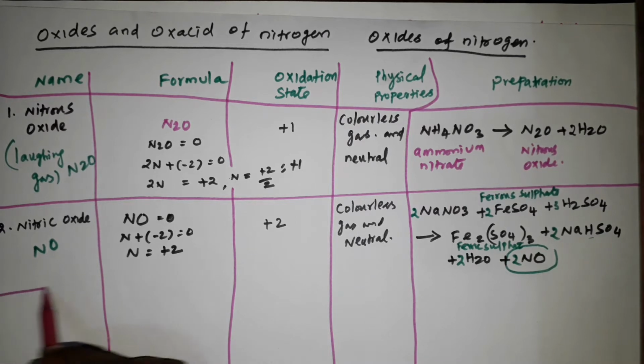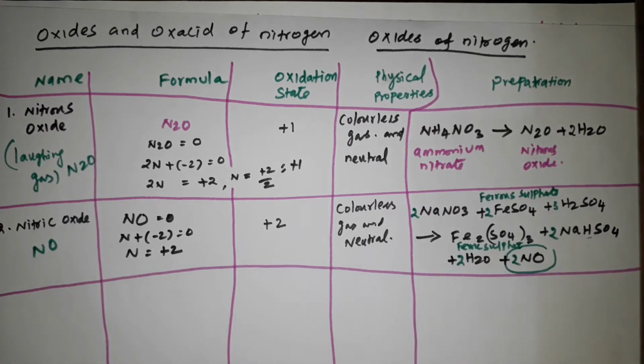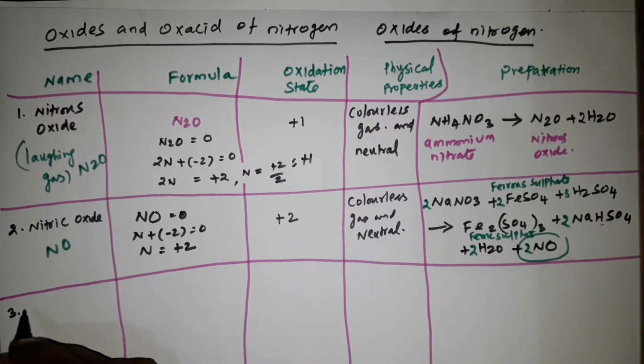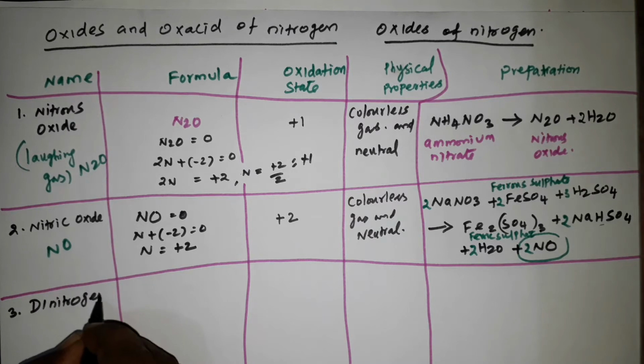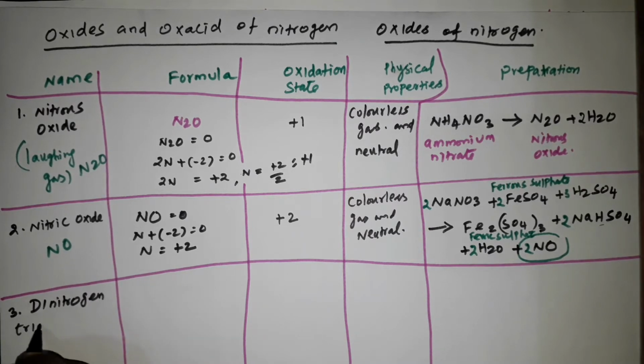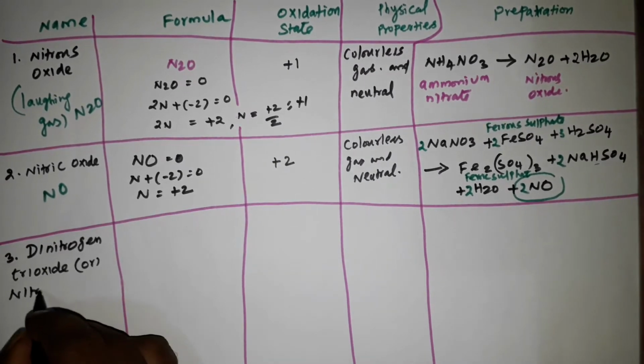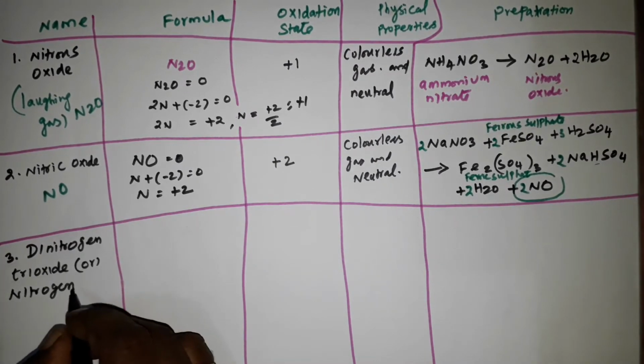Next type of oxide, the third one, is dinitrogen trioxide, or it is called nitrogen sesquioxide.